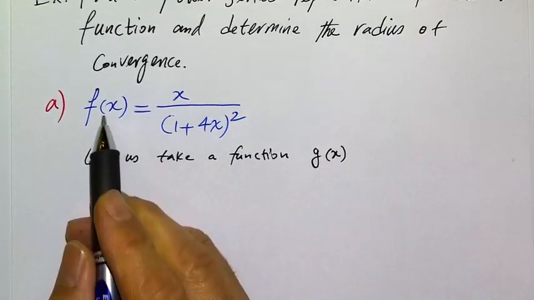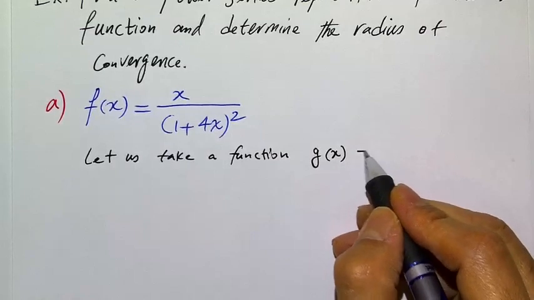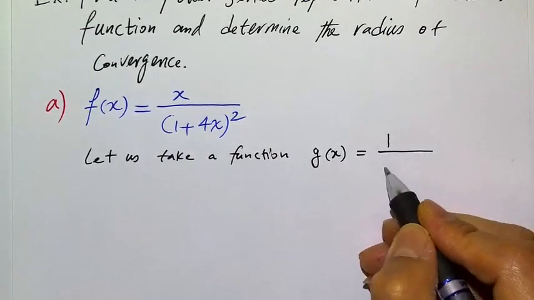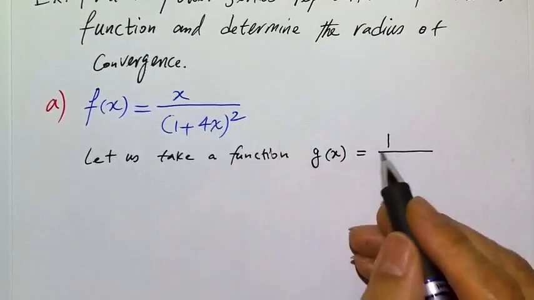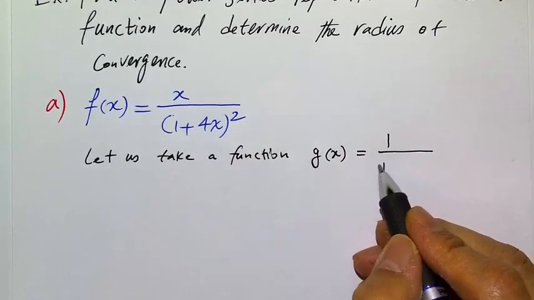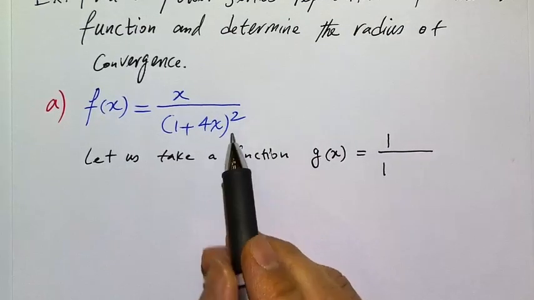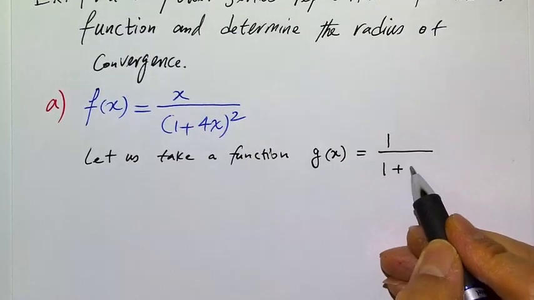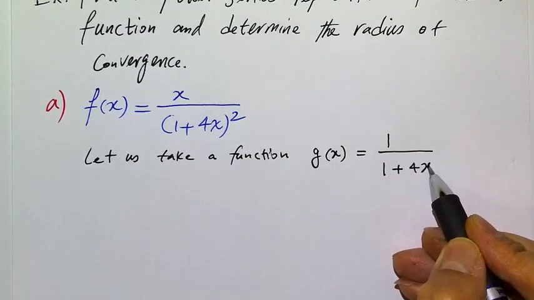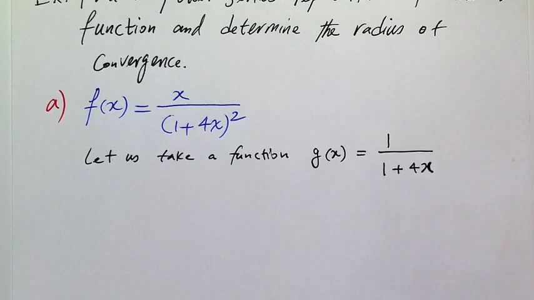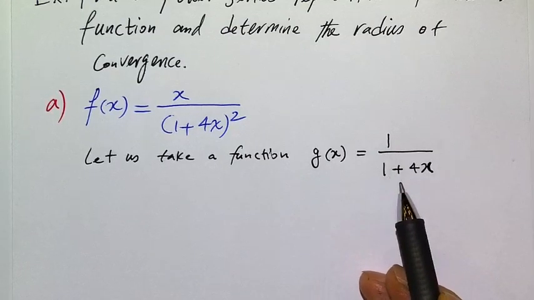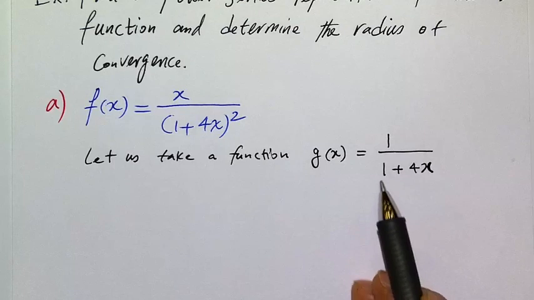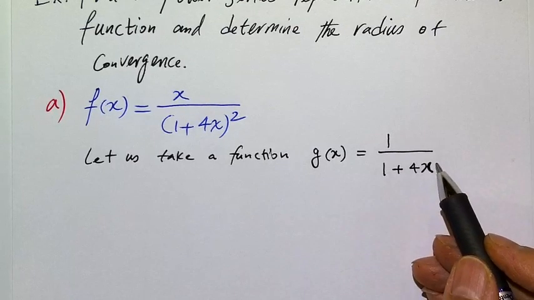Let's call it g of x, since this is f of x. Since this is 1 plus 4x squared, let us take one with no power. So 1 over 1 plus 4x, right? Since the one that we have is 1 over 1 minus x, we want to obtain something that is similar to that.